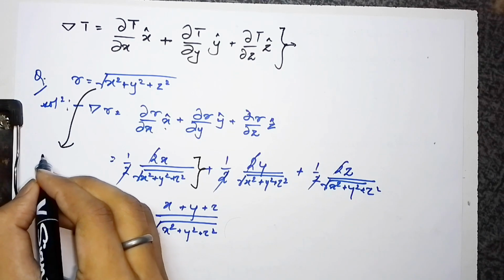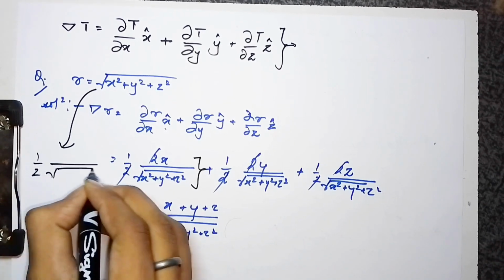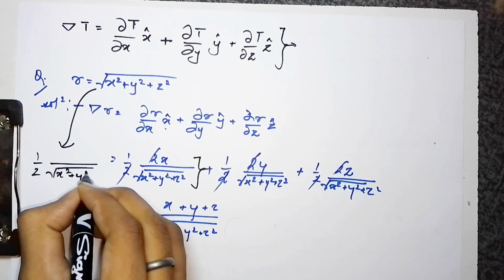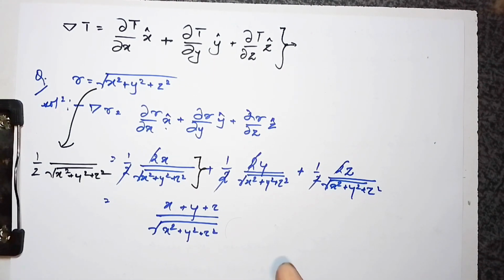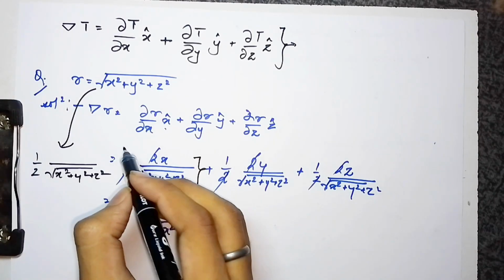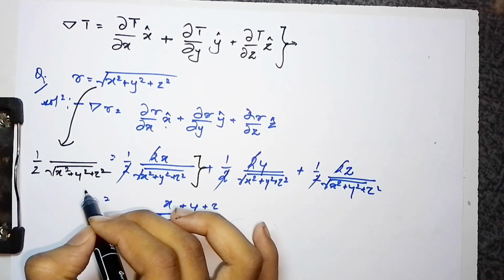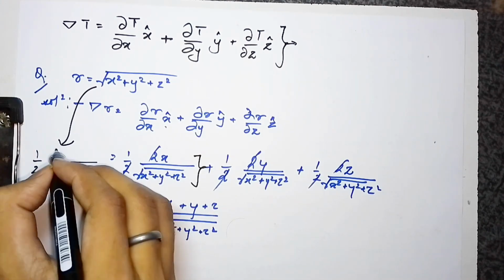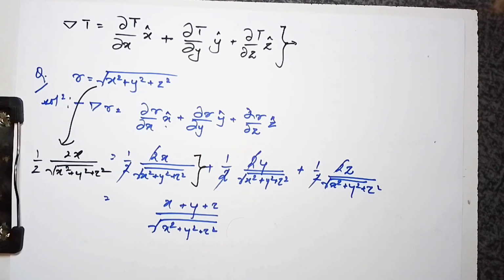So what does it come? It comes 1 by 2 under root x square plus y square plus z square. Now secondly we take the differentiation of x square plus y square plus z square with respect to x. From that we get 2x. I hope that it's clear how we arrived at this result.